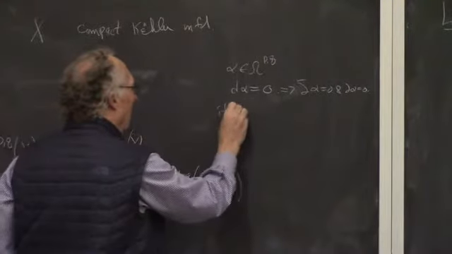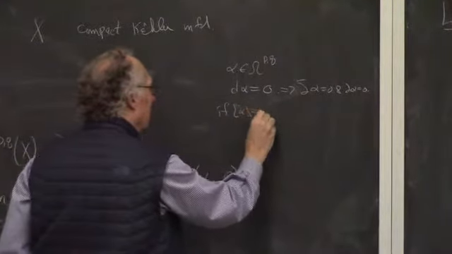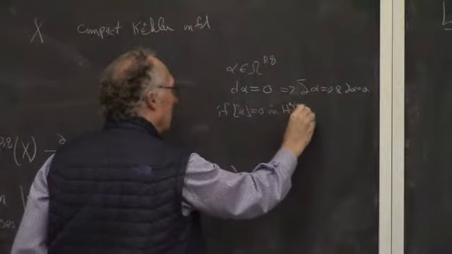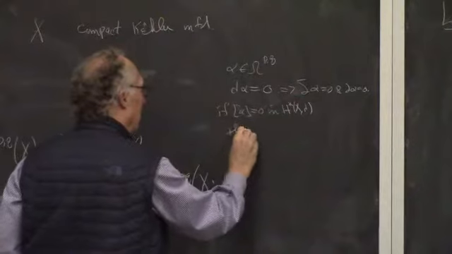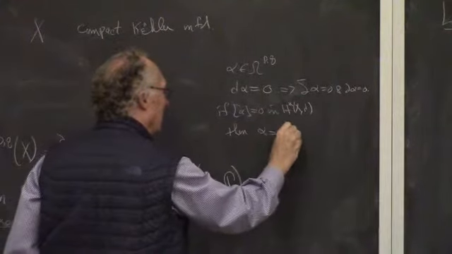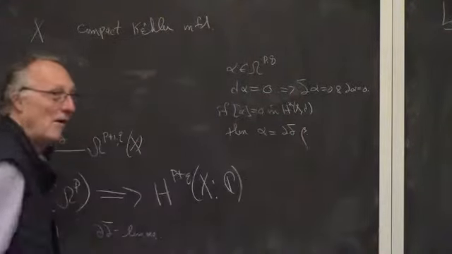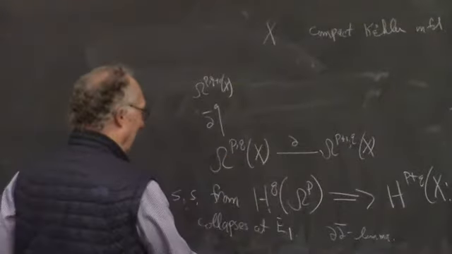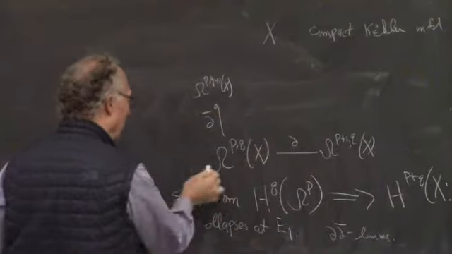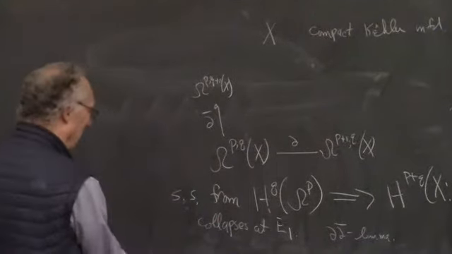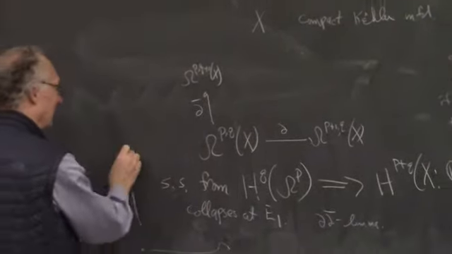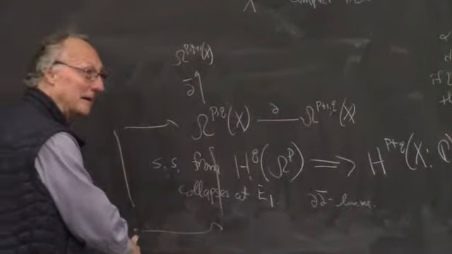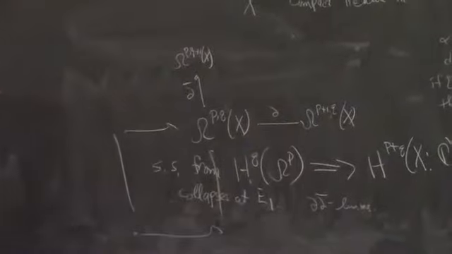If the cohomology class of alpha equals 0 in ordinary d cohomology, then alpha is d-bar of some beta. So you can take this class and write it as both d-bar of something and d of something, but in fact you can push it down through the whole square and write it as d-bar of something down here. And from that, you see the spectral sequence collapses.